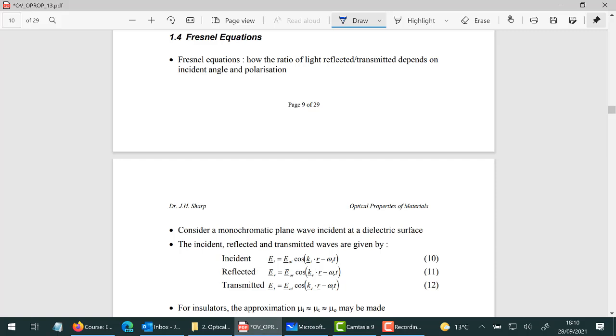So we'll consider a nice simple plane wave oscillating in the plane or out of the plane or at some angle to the plane of incidence. And we have our equations for the electric field of the incident, reflected and transmitted rays.